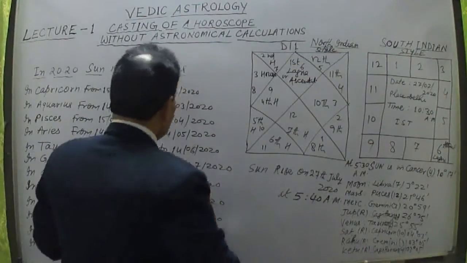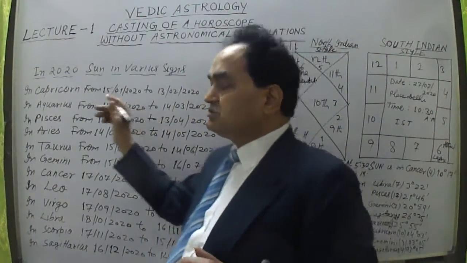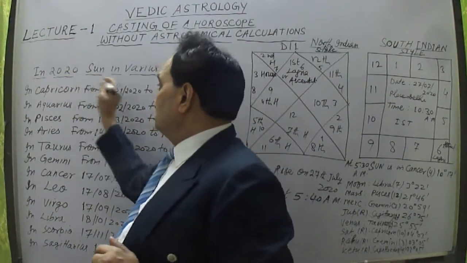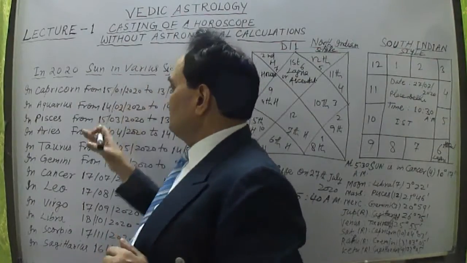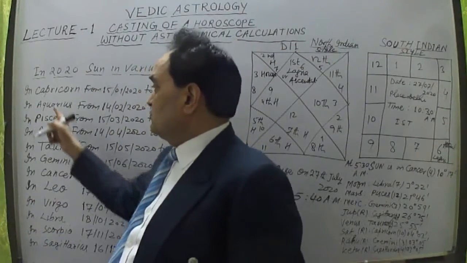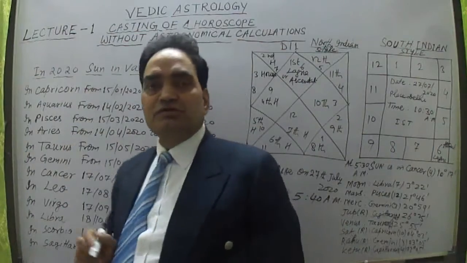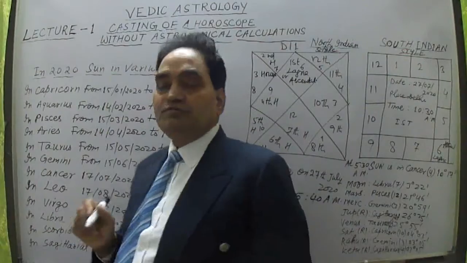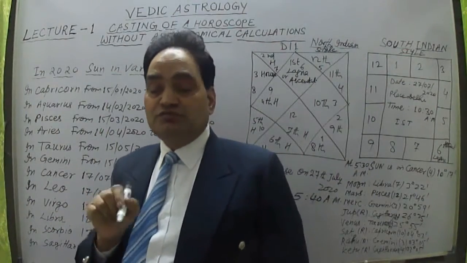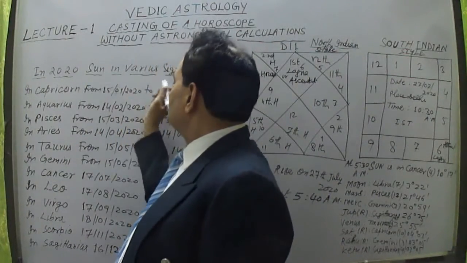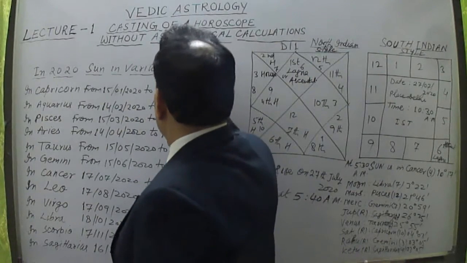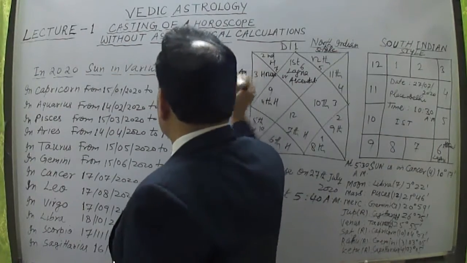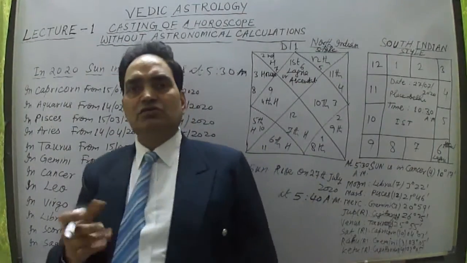And here are the positions of the sun in 2020. In the year 2020, the sun in various signs. Let me talk about this. Now in Capricorn sign or Makar Sankranti, the sun entered on 15th of January 2020, at 5:30 a.m. These timings are from 5:30, 5:30 of every day.